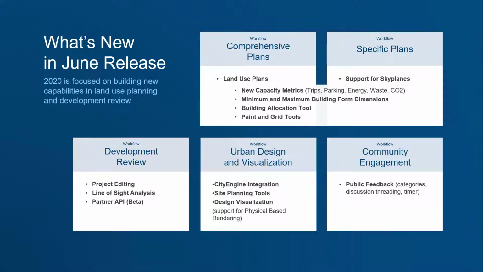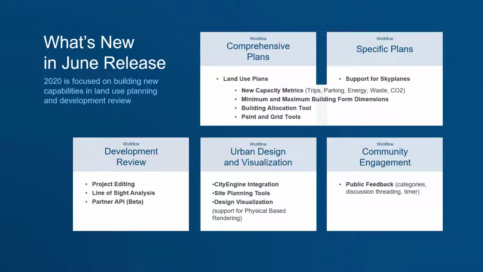There is a new building allocation tool, which allows you to allocate different building types by percentages across different land uses or different zones. Many of the capabilities, the new capacity metrics, the minimum maximum building forms, the paint and the gridding tools, are shared between comprehensive plans and specific plans, shared between land use plans and zoning plans, so you can use them in either location.